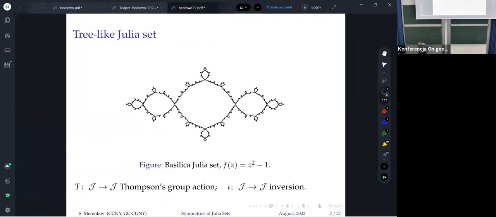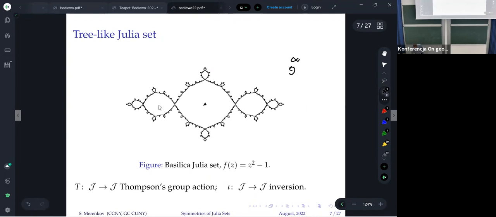And chronologically, the second one we looked at was the tree-like Julia set. In this picture, it is the basilica Julia set, very simple z² - 1 dynamics. Here you have this point at infinity, which is of course fixed. It's a polynomial.